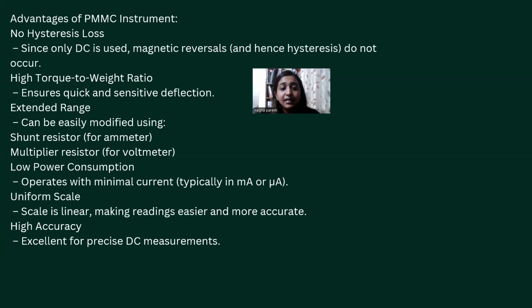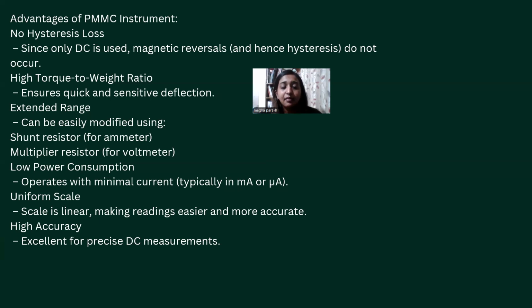Now we can extend the range of this PMMC instrument using a series resistor for the voltmeter and a shunt resistor for the ammeter, and the power consumption is low. It operates with minimum current, like milliampere or microampere, with a uniform scale.